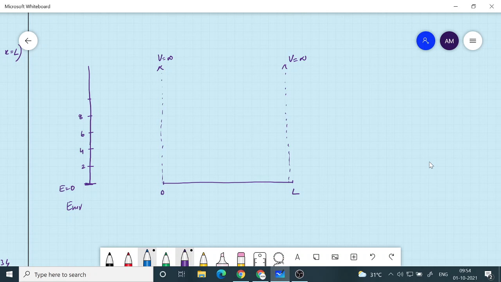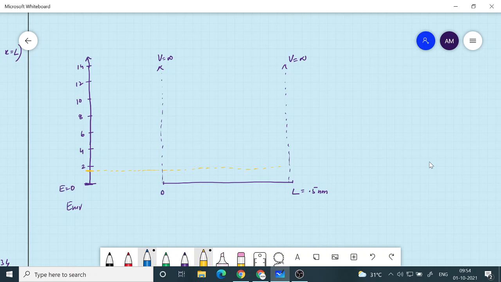I'm writing the energy units in electron volt. Here L is equal to 0.5 nanometer, then 10, 12, then 14. So we have only 3 energy levels. If I want to show the energy levels, the first energy level is 1.51 electron volt, so 1.5 is somewhere here. Okay, so this is the energy level of the first electron.